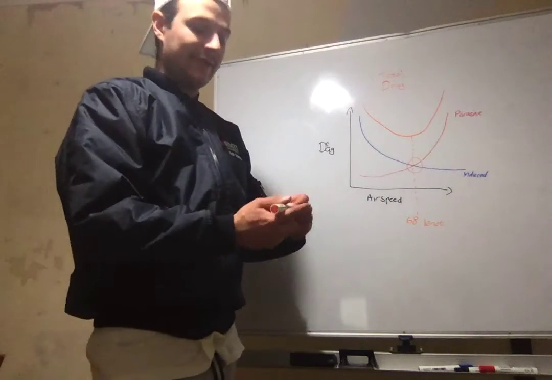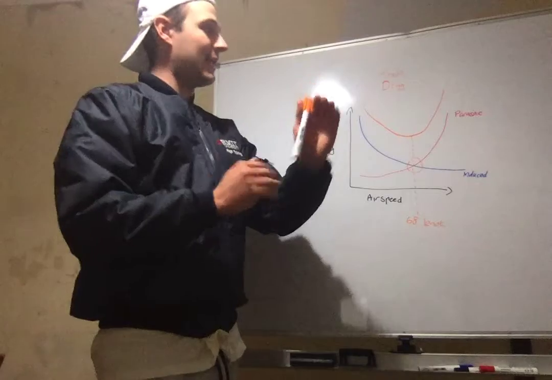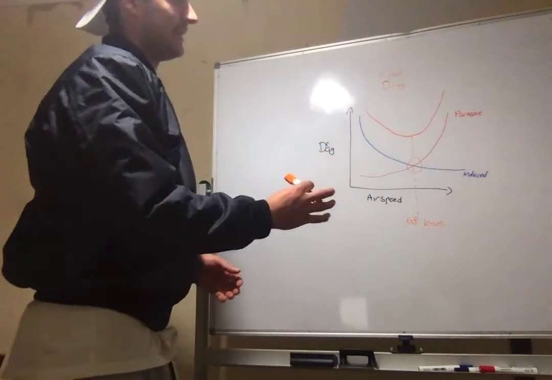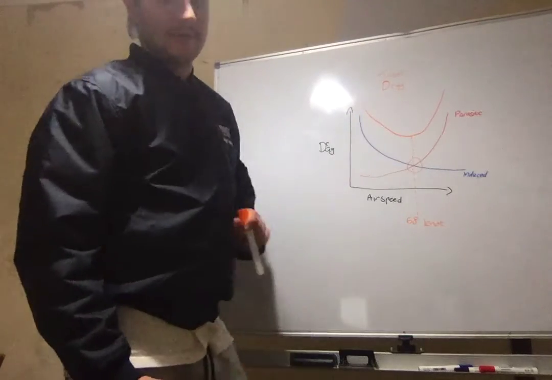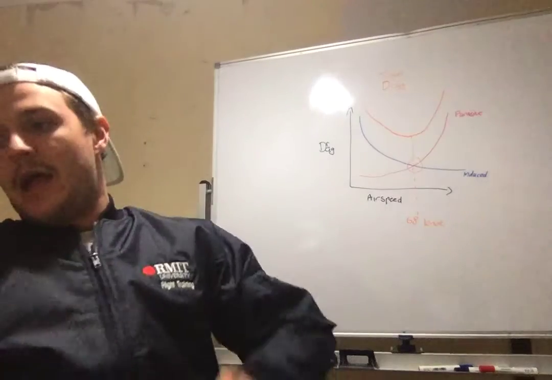It's not the highest lift, but it's the furthest apart. So I'll show you a bit more detail in the other graph that I'll draw, but that's a really important concept to have. So, let's get back to this one.